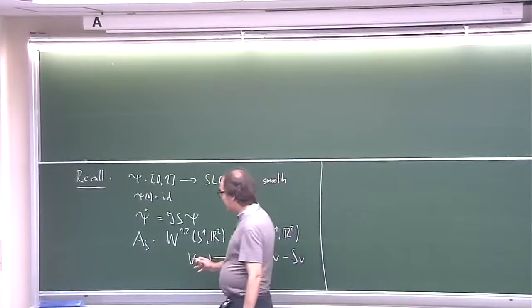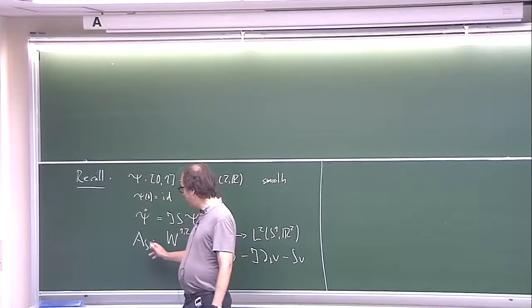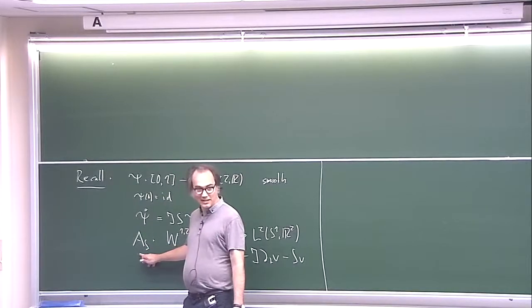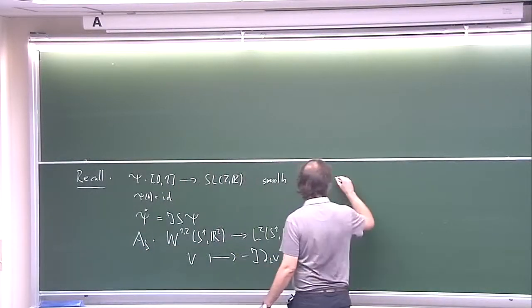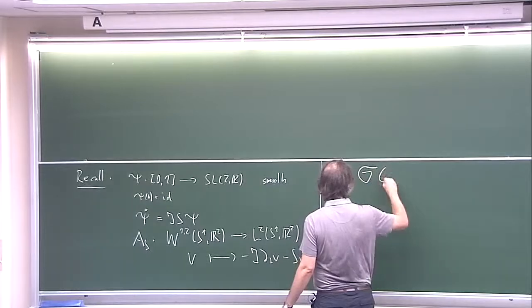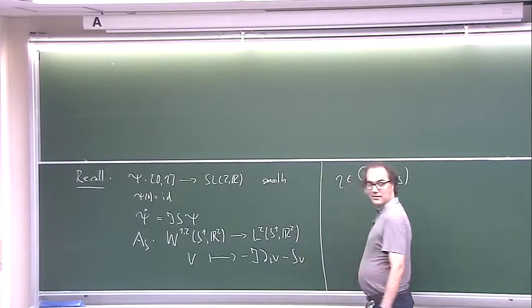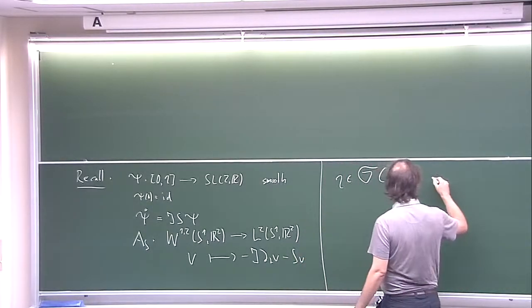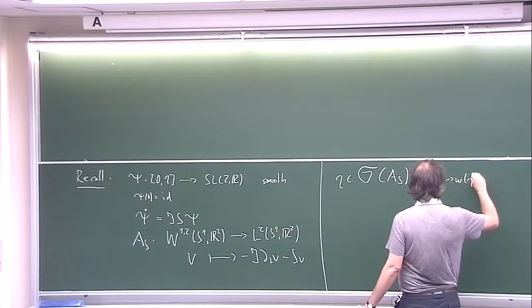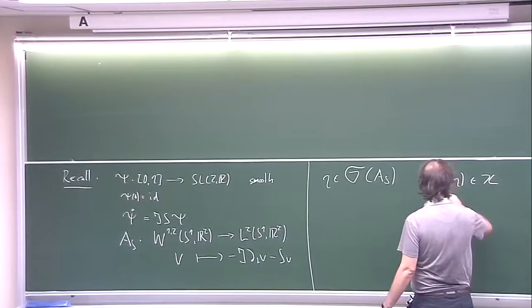we associate to the eigenvalues of this operator a winding number. So if eta is an eigenvalue, then we associate to it this winding number.